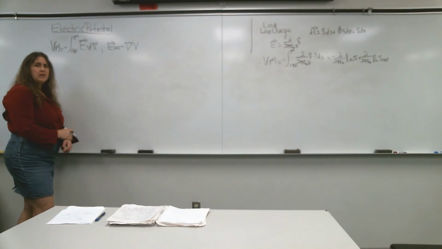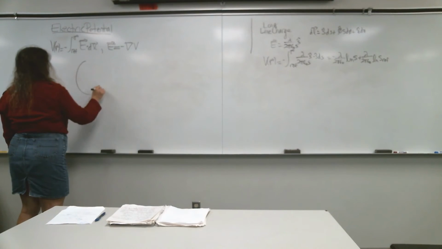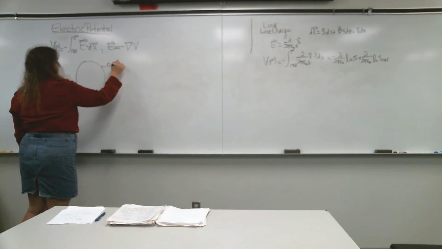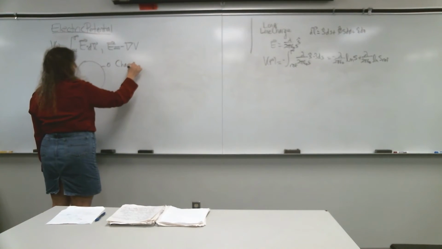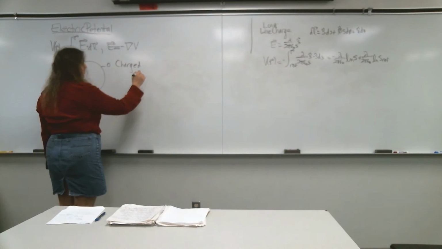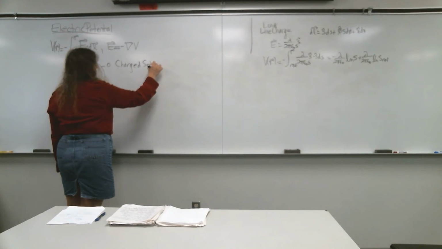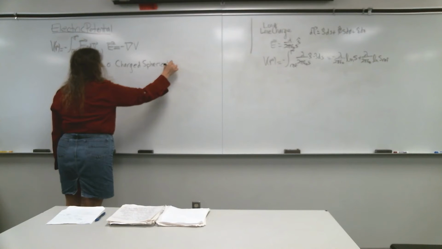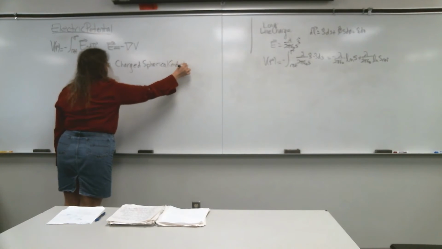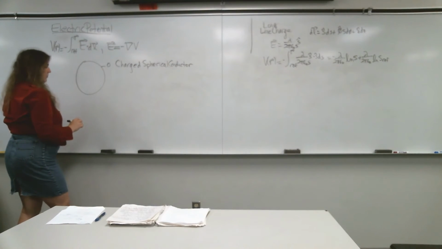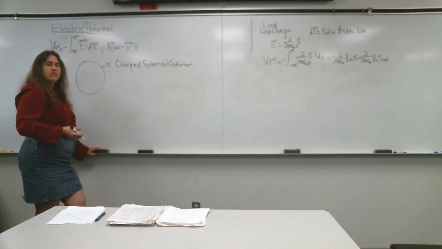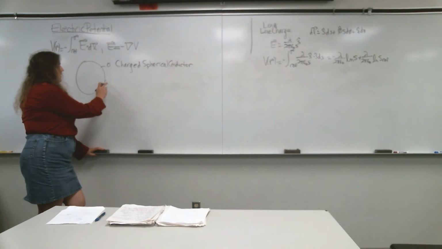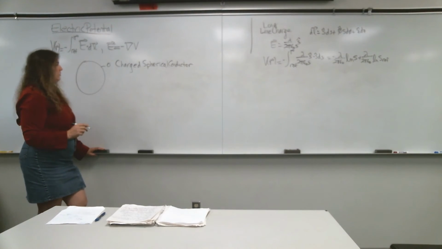Now let's take a look at the old charged sphere problem again, or a charged spherical conductor. And I want to figure out what my potential is. Well, I've got two regions, basically. I've got the exterior solution and the interior solution.